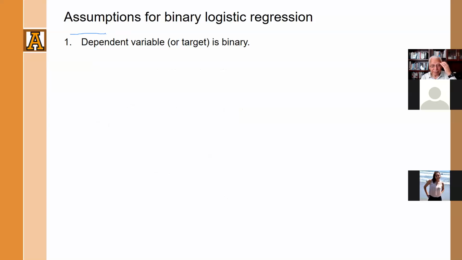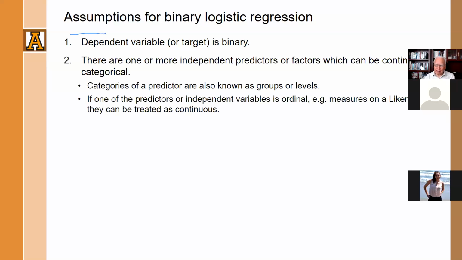What assumptions do we have to be able to train a logistic regression model? For binary logistic regression, the target is binary. Now, there are one or more predictors, and they can be continuous or categorical.